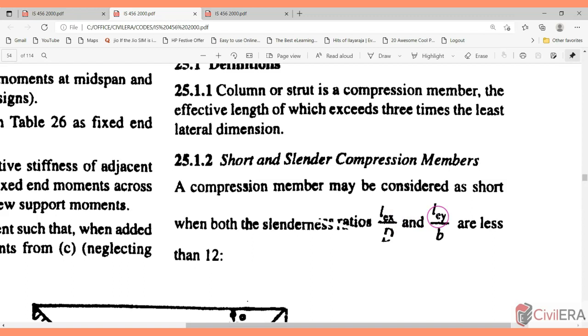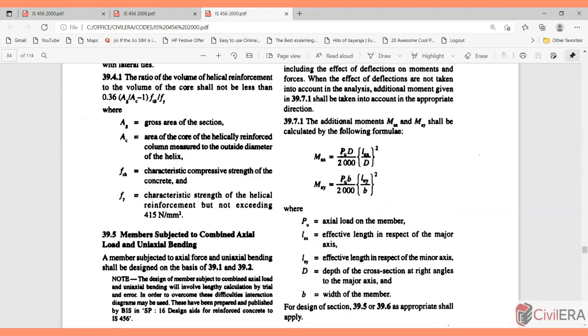This is something you should think about. Once it is slender, you then go to this particular formula and calculate your additional moments or slenderness moments in either direction. This is what you have been doing in SP16 or in textbooks, or even if you use any software, the software also will do this. But then what is this effective length?